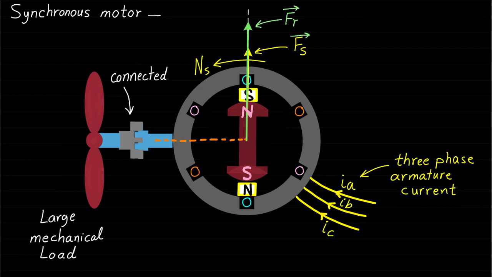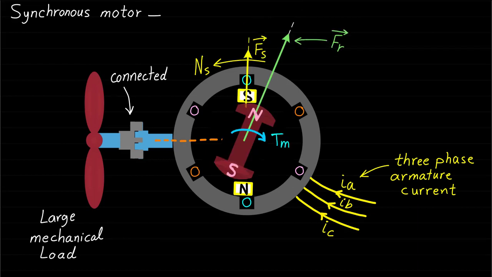Now, once a large mechanical load is applied or connected to the machine shaft, the mechanical load torque Tm will oppose the rotation of the rotor. Therefore, the rotor rotating magnetic field will lag behind the stator rotating magnetic field.